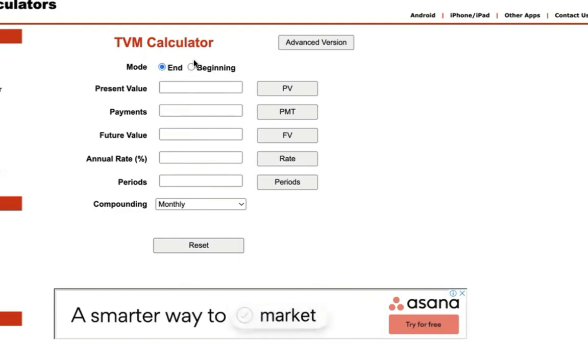Now, the difference between the end and the beginning is that saan siya magka-calculate ng interest? Is it at the beginning or the end? So it's usually best to put it at the end. That's the default anyway. Even in the banker's rule, it's always calculated in the end. Now, when you say present value, this is the value of the investment, the loan today.